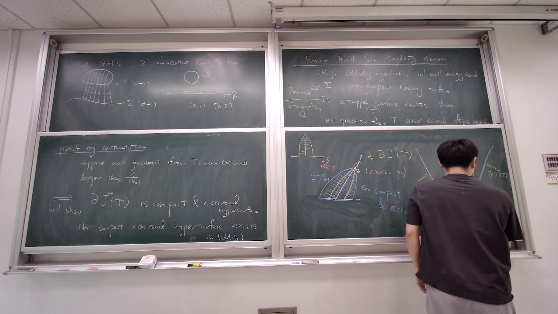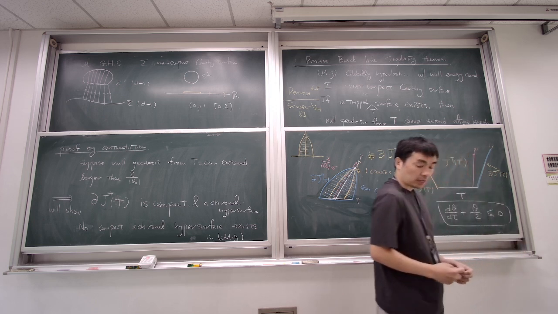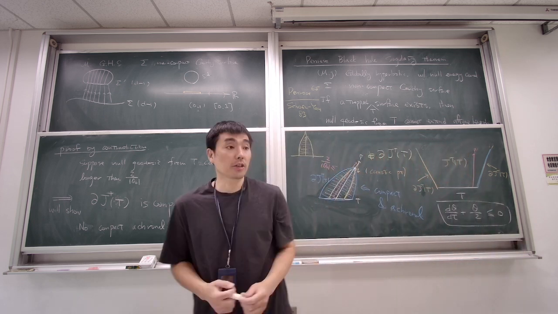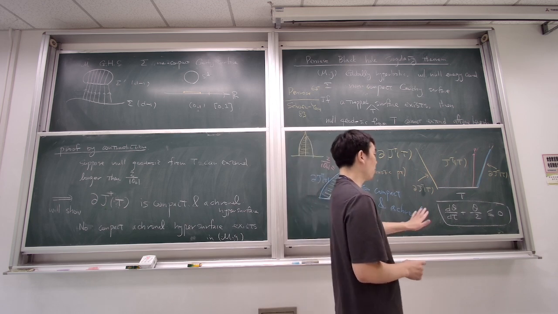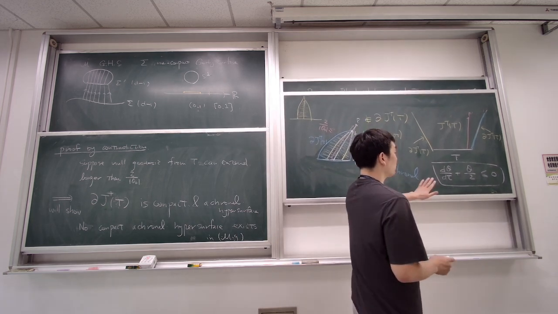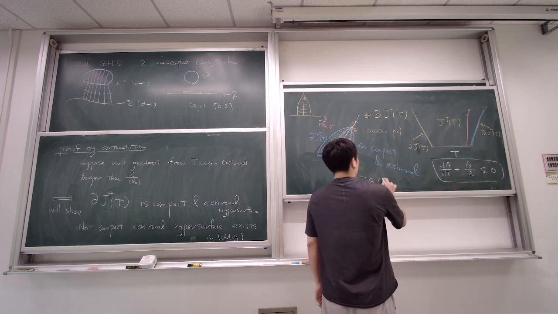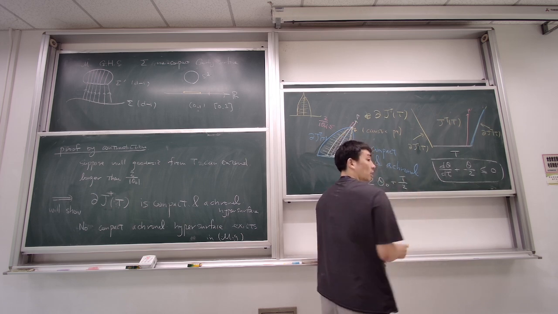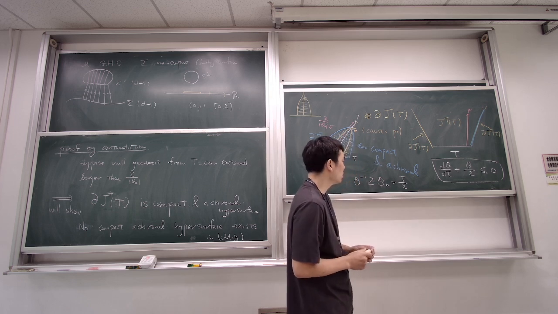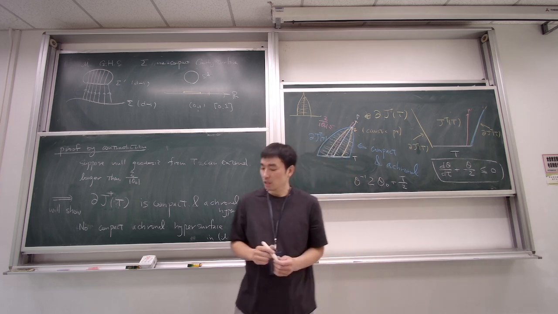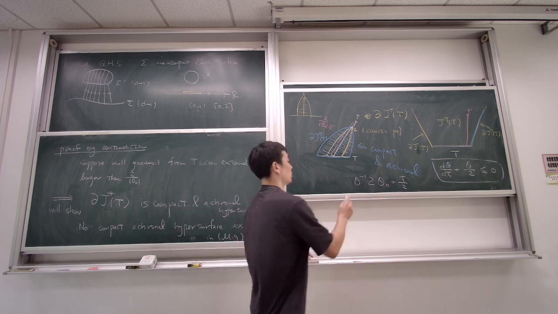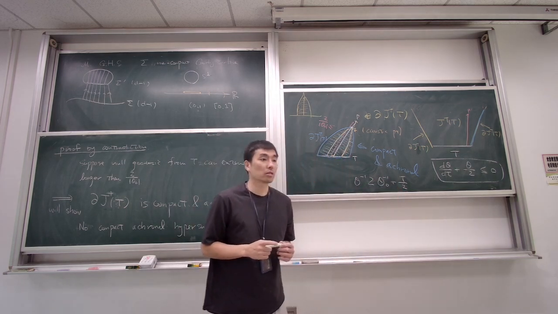That's what the Raychaudhuri equation tells us. So by the focusing theorem, theta inverse is greater than theta 0 inverse plus tau over 2. Is it the case? Inverse, sorry. Yeah.